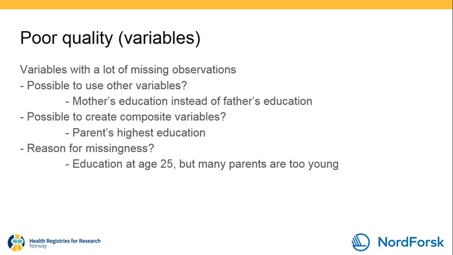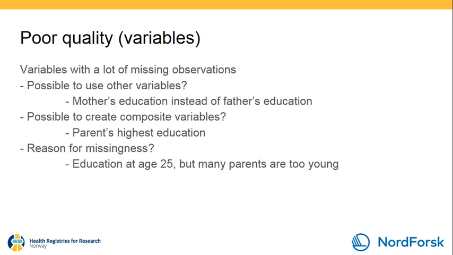You wouldn't know just by looking at the data that this variable hasn't been validated, for example. If we have variables with lots of missing observations, then we should ask, maybe it's possible to use other variables. Do we have to rely on this poor quality variable for our analysis? It's a bit like garbage in, garbage out, right?